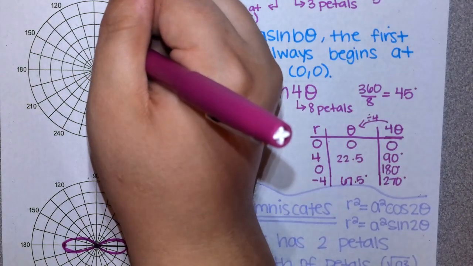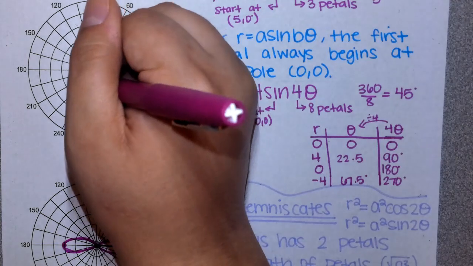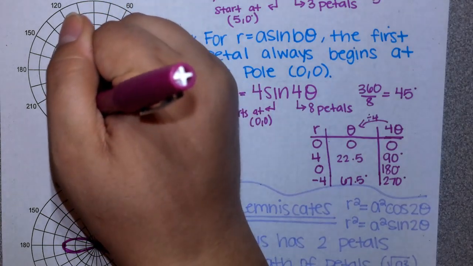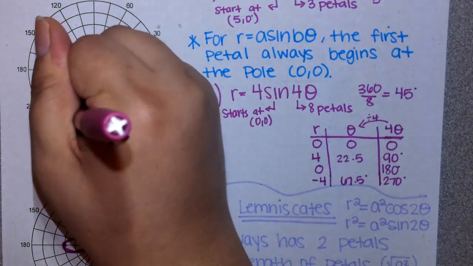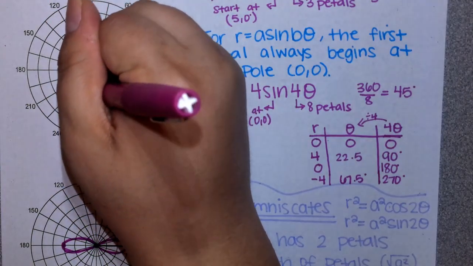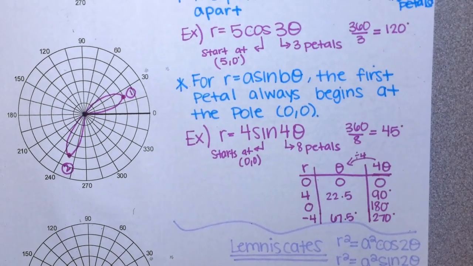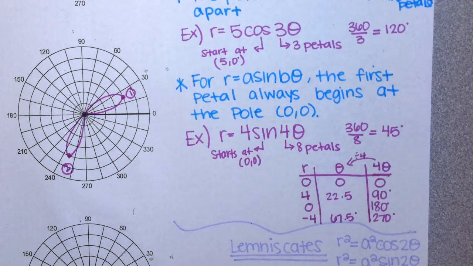Go 4 away from 67.5. 1, 2, 3, 4. That's like right here. That's where my second petal is. What questions can I answer?